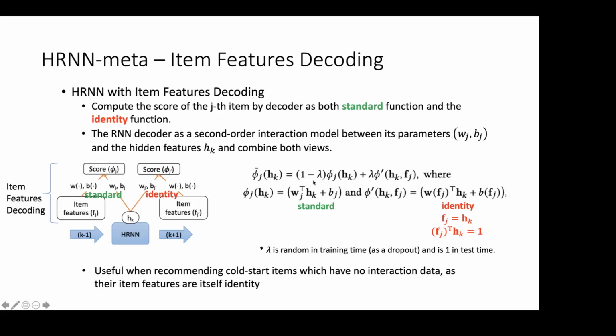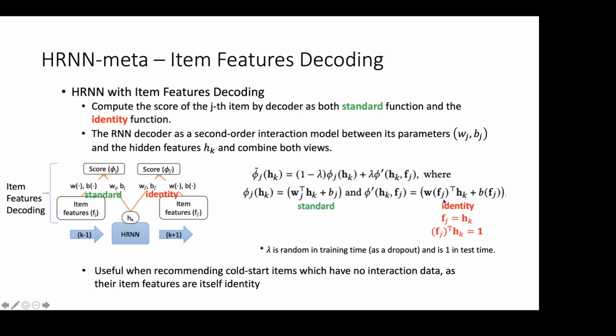So the lambda, the hyperparameter, the random value lambda, is working like a dropout at training time, to randomly choose between these scores, and when this score is high, this score has to be low.